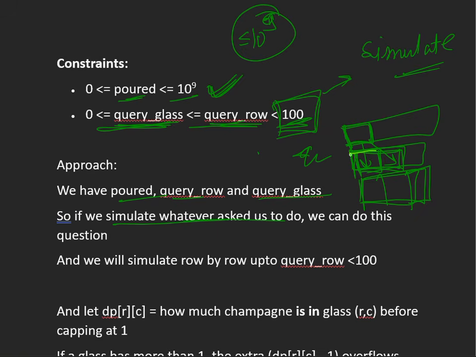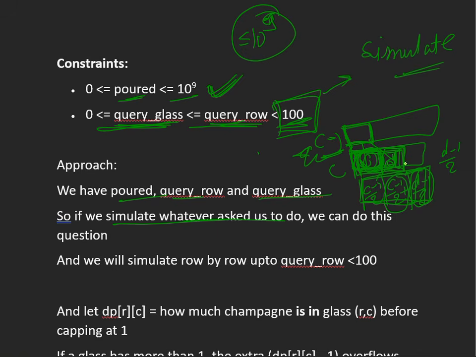Suppose this has champagne C, so what will be the extra? C minus 1 will be extra, so we will divide C minus 1 by 2 here and C minus 1 by 2 here. And suppose this one has D, then D minus 1 by 2 will be added to the already present champagne, and here also D minus 1 by 2.